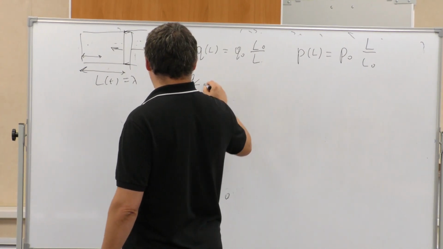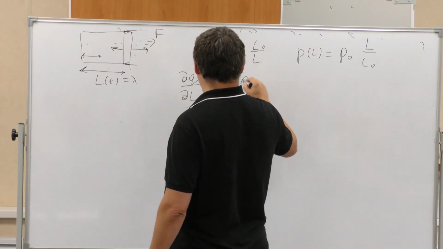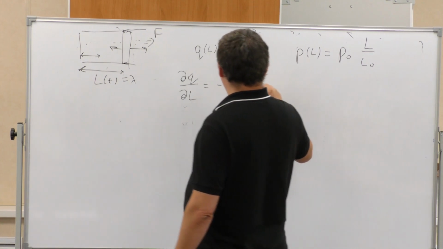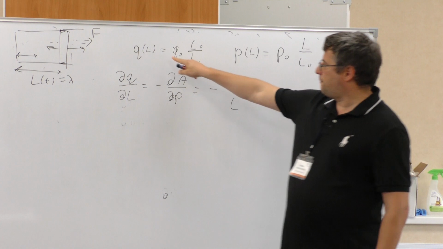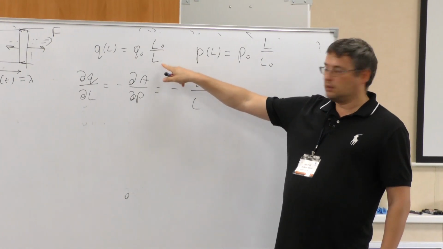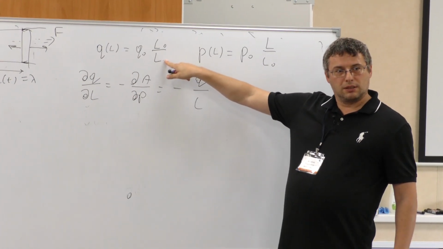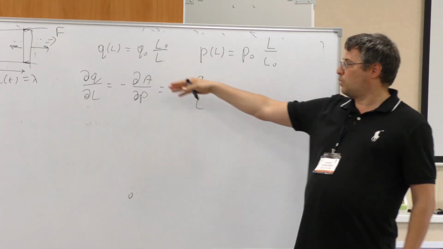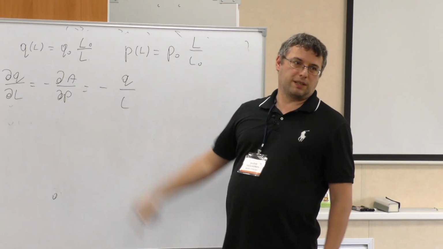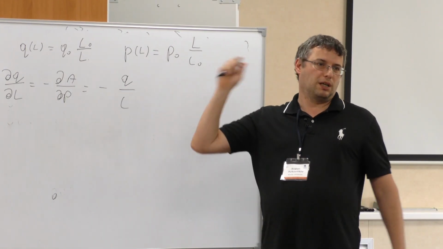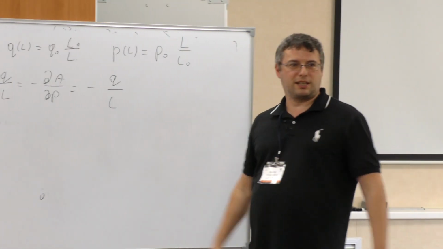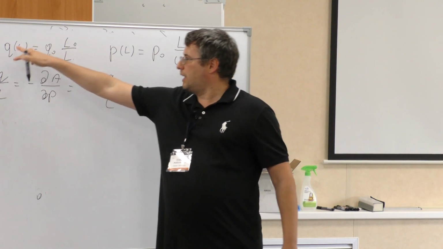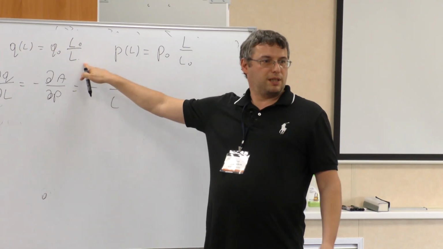So dq dL should be equal to minus dA dp. And this is equal to minus Q over L, if I differentiate Q with respect to L. And by the way, that's, to me, one of the main advantages compared to generating functions. If you remember, you have to keep all Q, new P, and then it's such a headache. So here, you just take the derivative with respect to L. It's very easy.